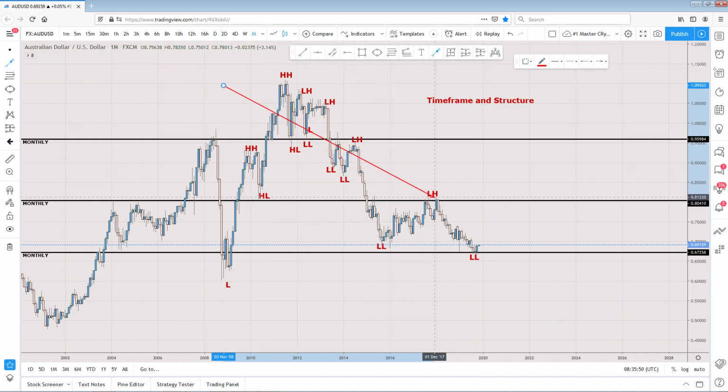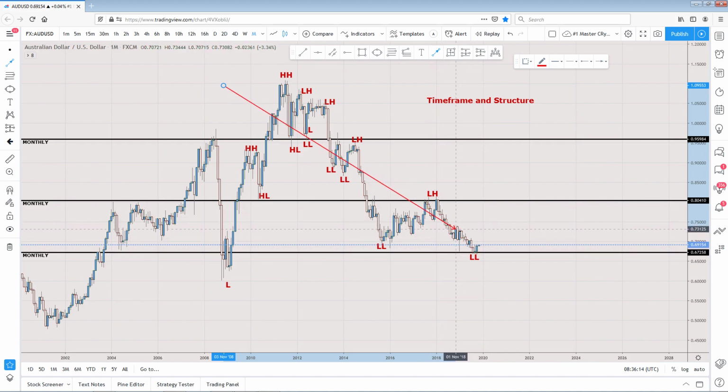But what was important here is that, like I said, the higher time frame structure or higher time frame data is the most important and the strongest data. So here, if we were aware of this lower high during this period, we could have sold and made a lot of money all the way down here.